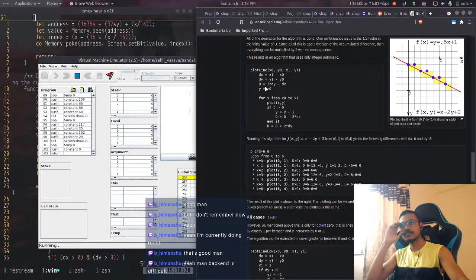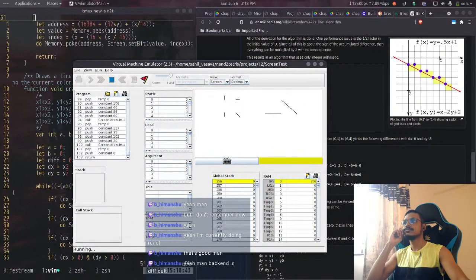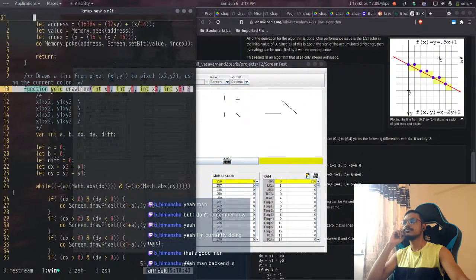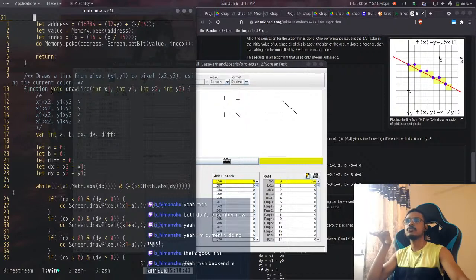Backend is difficult. Yeah, it is difficult. But that makes it more fun, I like the things in which there is a lot of logic.